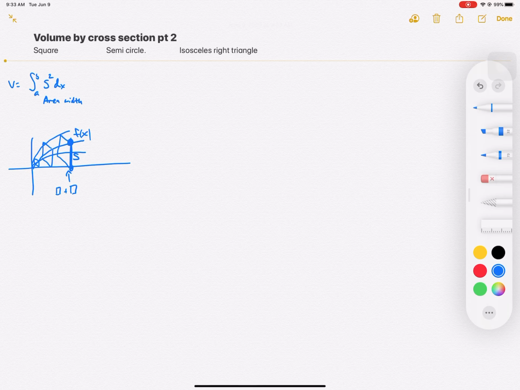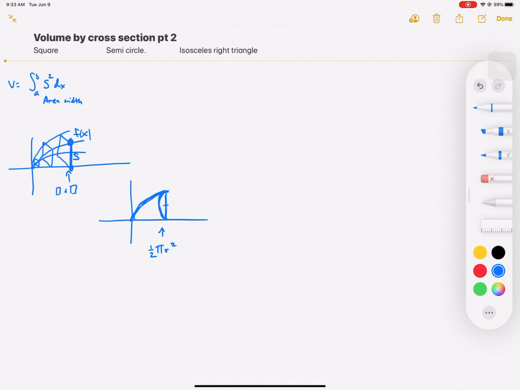Okay. Our semicircle is very similar, except for a couple of tricks. We are forming half circles. So if I draw my line here and draw a little half circle, our area formula for this half circle is pi r squared, and we divide that by 2: half pi r squared, because it's half a circle.